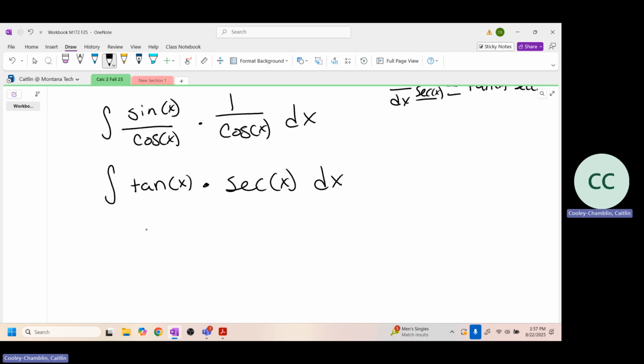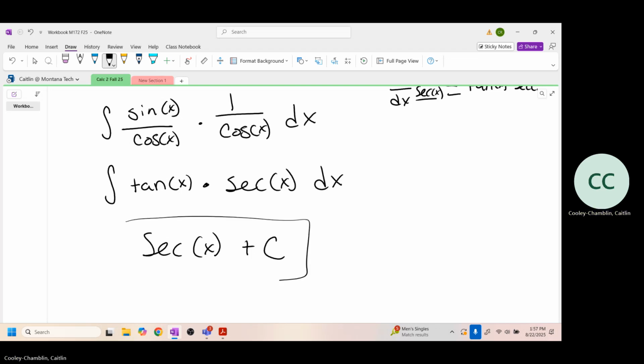So I get the function whose derivative gives me this: secant of x plus c, and we're all done. This one, I make it look a lot easier than it is because I know the answer.